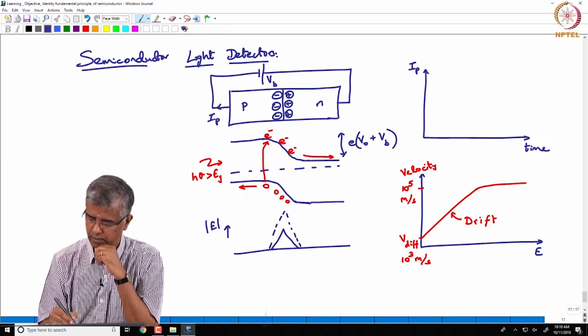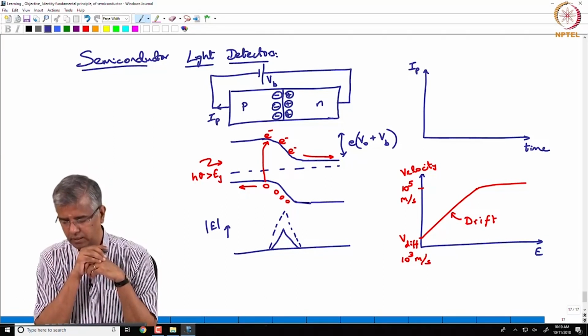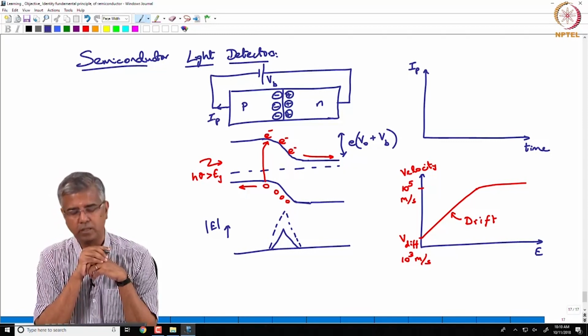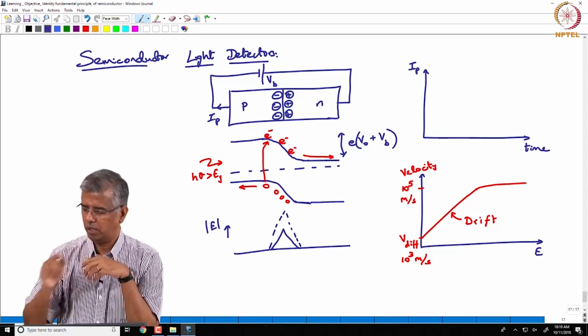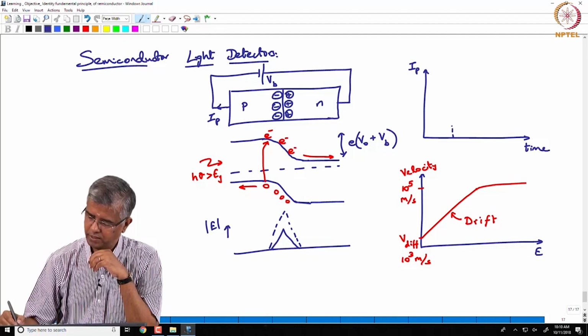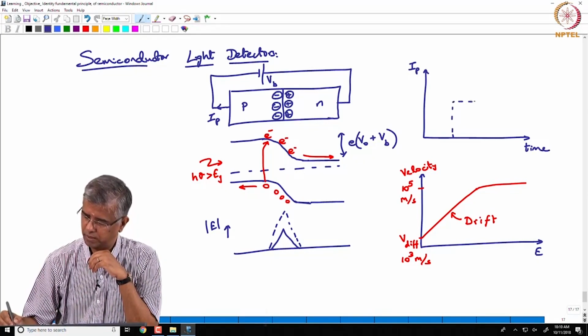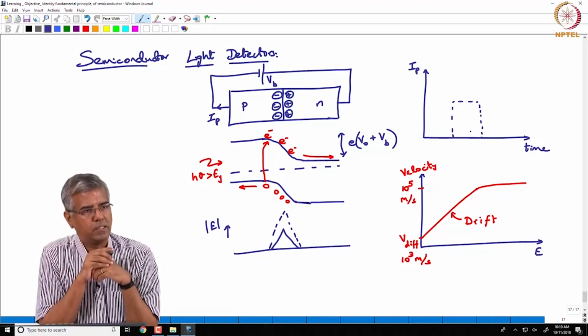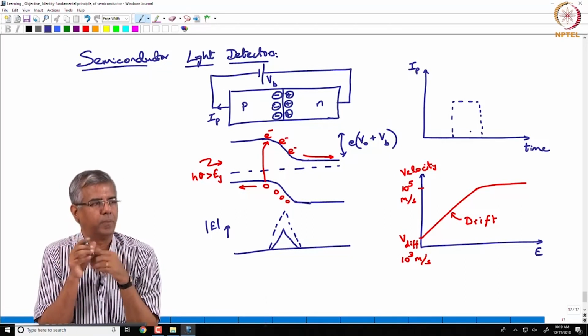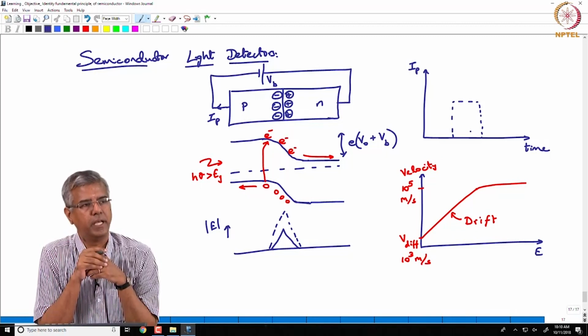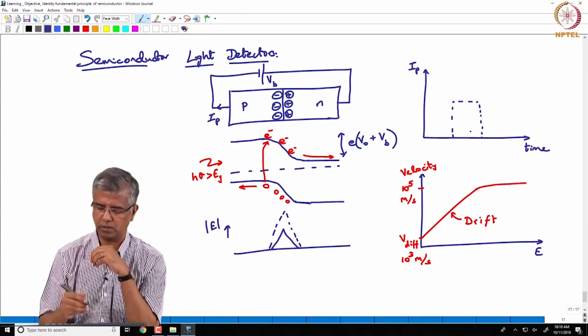IP, let us say, is the photocurrent generated because of light falling on this photodiode. If you have an incident optical pulse that is square in shape, how is the photodiode going to respond to this?